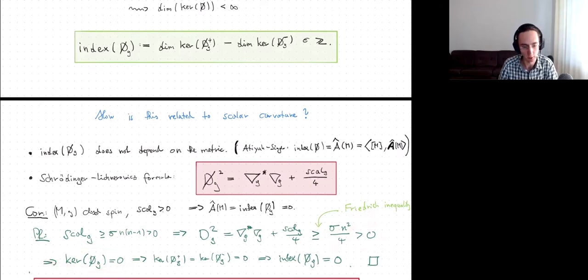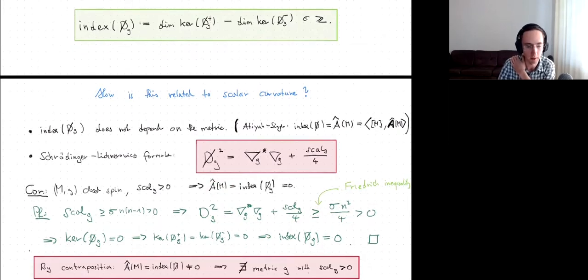And then the kernel of both parts of the operator must have 0 kernel as well. And the index is therefore just the difference of two zeros, which is 0. So, since the index now is just the A hat genus, we get this corollary.